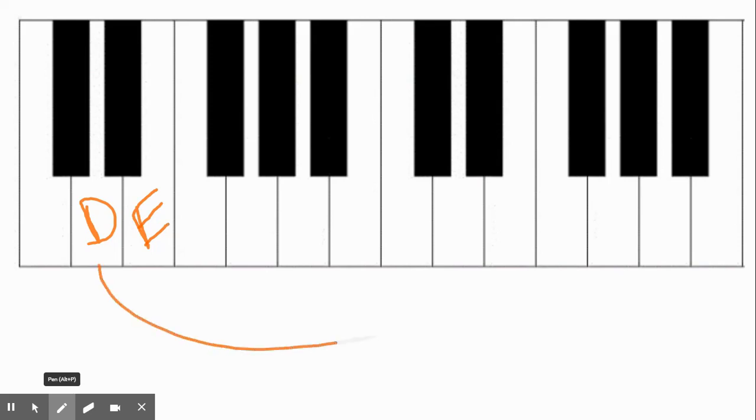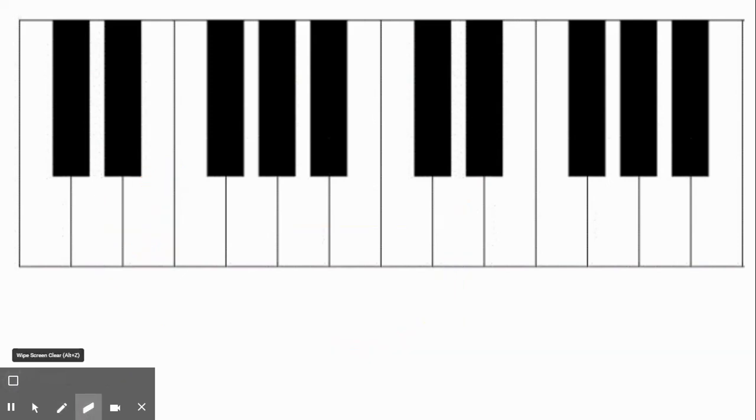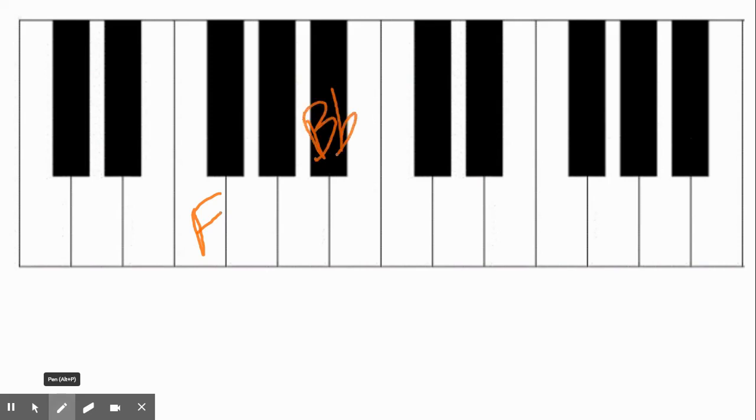And sure enough, a minor seventh up from E is D. If I start on F and I go up a perfect fourth to B flat, then if I invert it and make B flat the root, we know I'm going to have a perfect fifth.